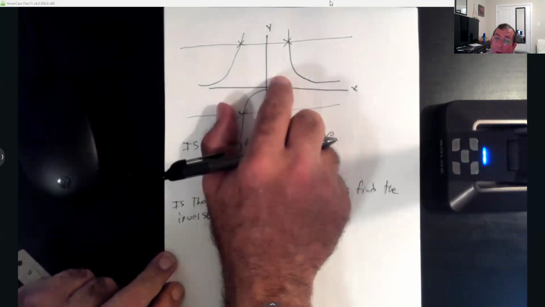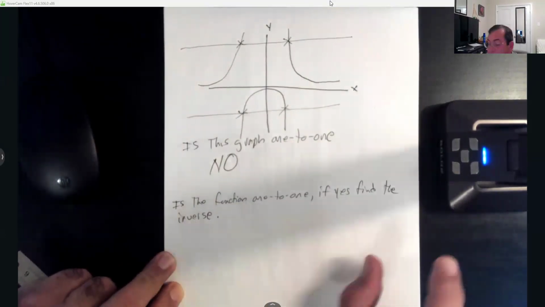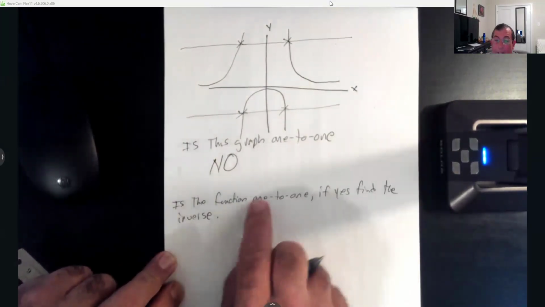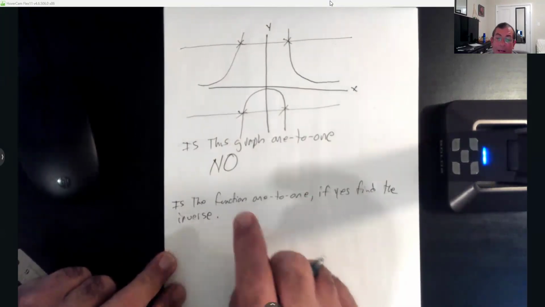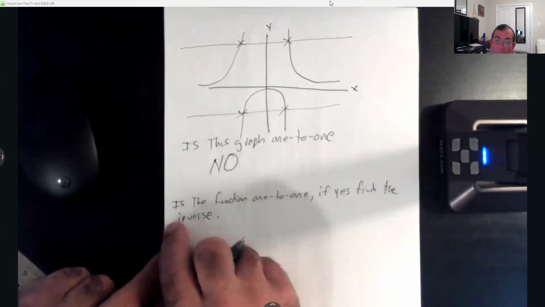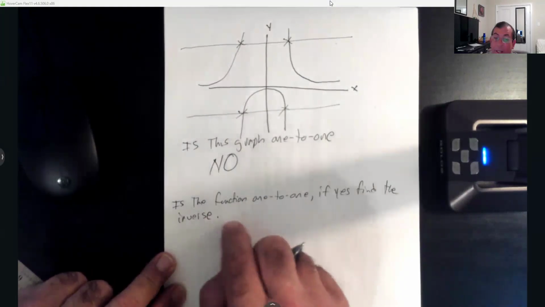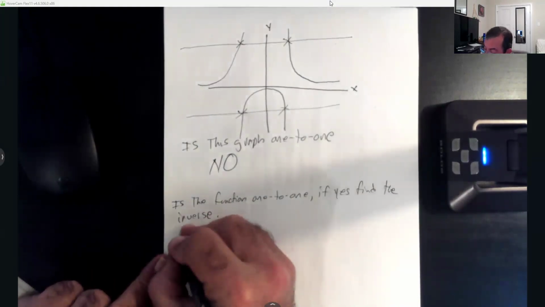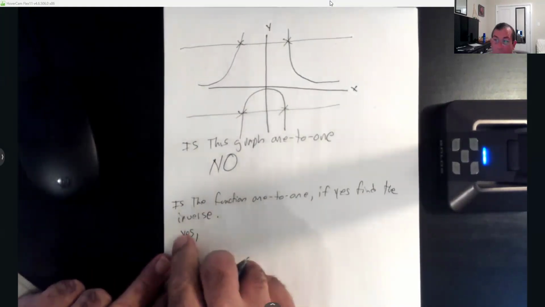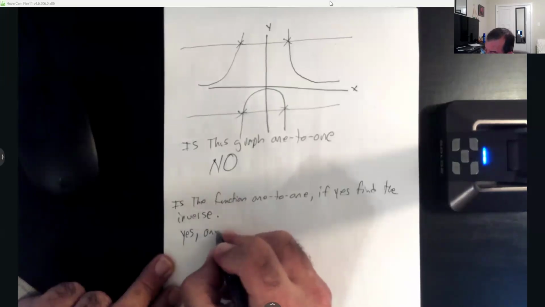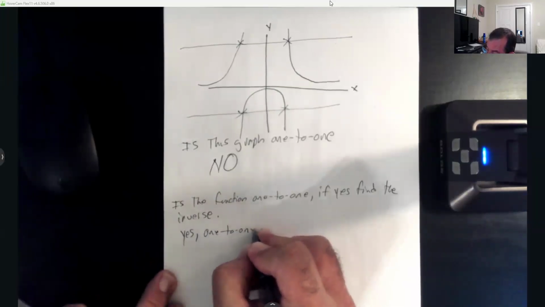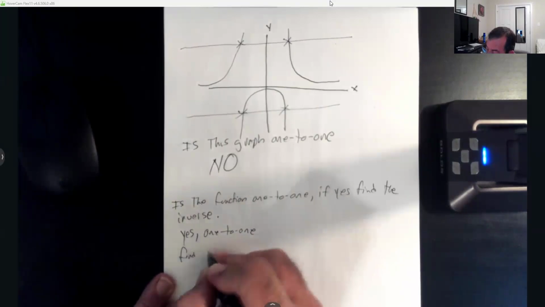But this one, they don't give you the graph. They say, hey, is this function f of x, blah, blah, 1-to-1? If yes, find the inverse. On this one, where it says find the inverse, it is yes, 1-to-1, 100%. It's going to be yes, 1-to-1. So then you have to find the inverse.